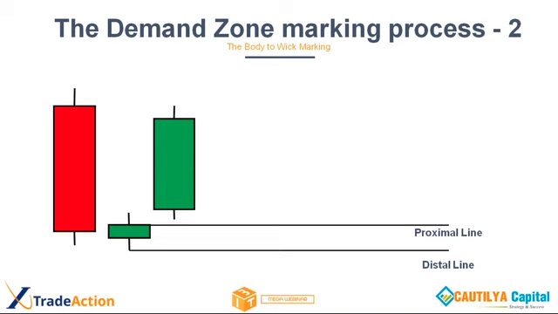We have always discussed that in case of a base, the red or the green does not matter. Irrespective of the color of the base, this is how we mark the proximal and distal line. When we do such a marking, if our zone is strong, price will come, kiss the zone and bounce back.